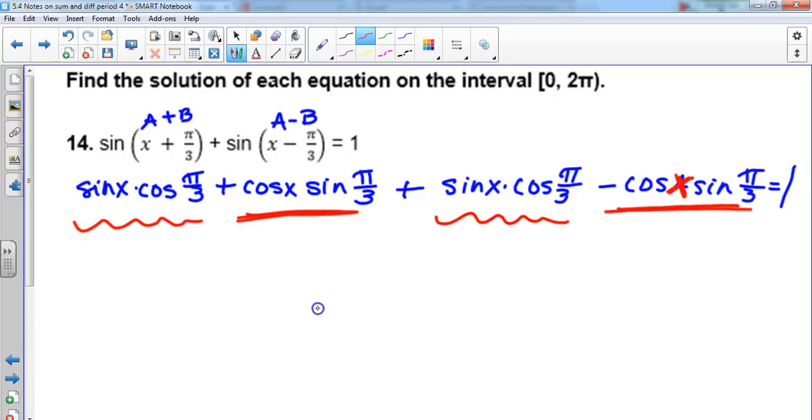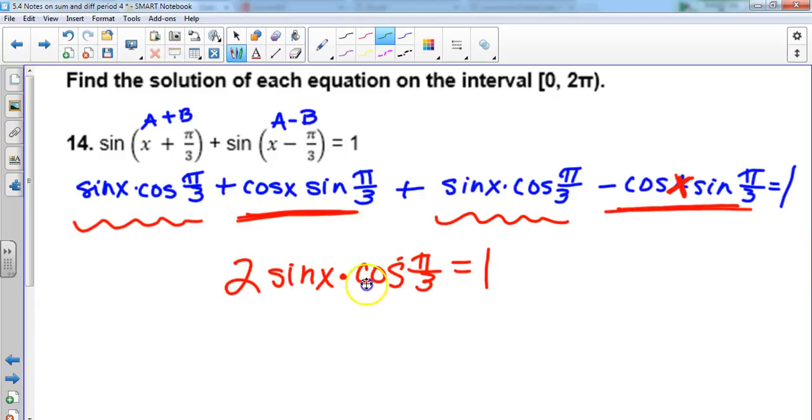They are the same, so what could we write? 2 sine x times, I guess I will write it, cosine pi over 3. We're going to trade that out, but I don't want to skip too many steps. What is the cosine of pi over 3? Okay, then what?